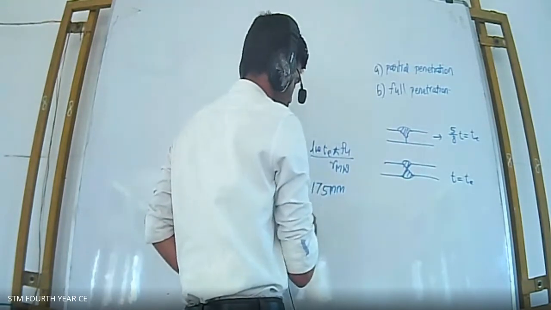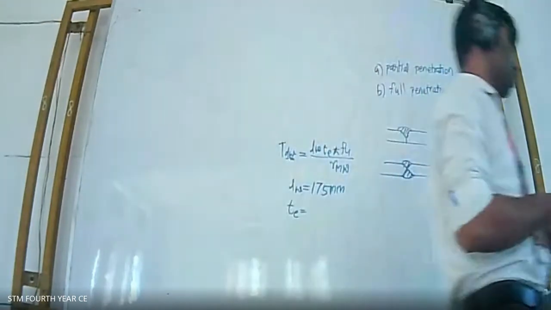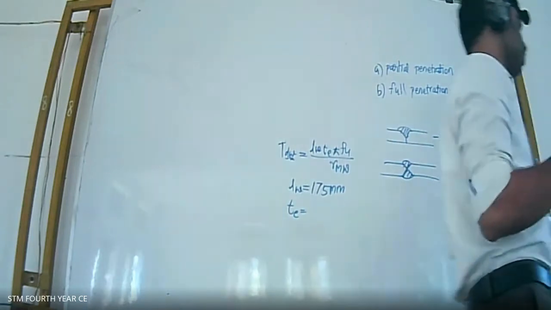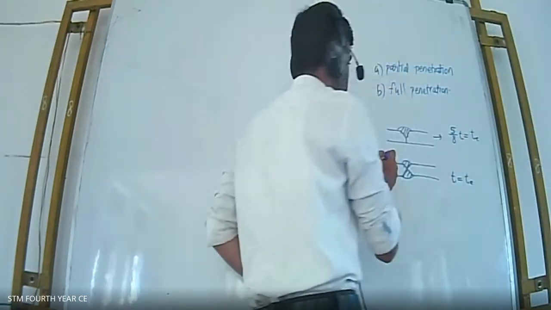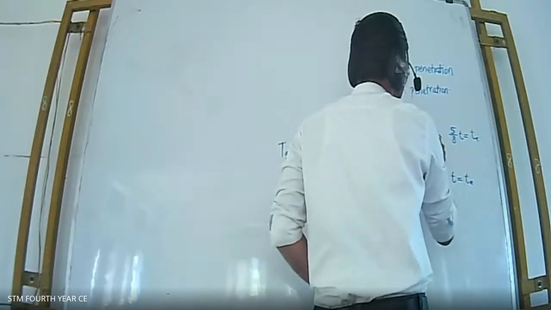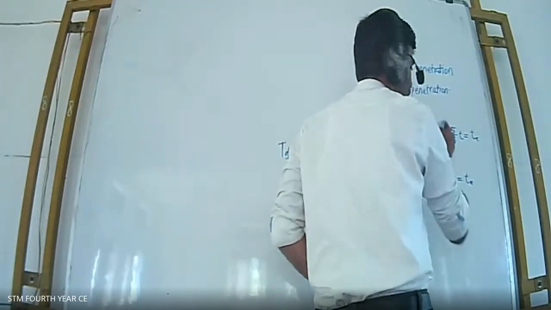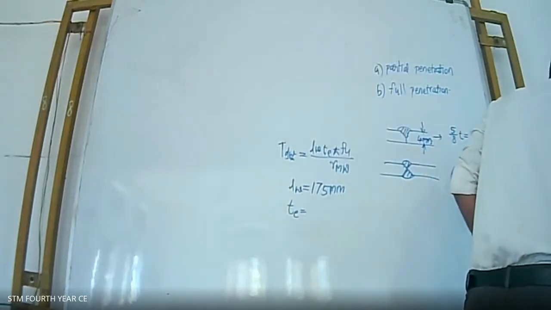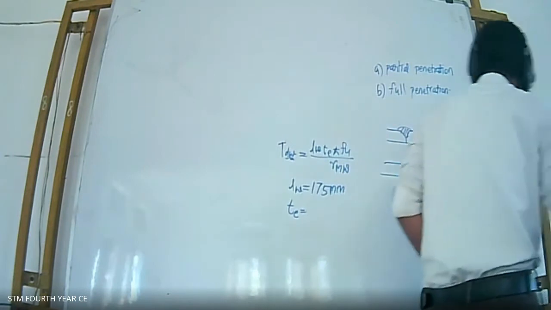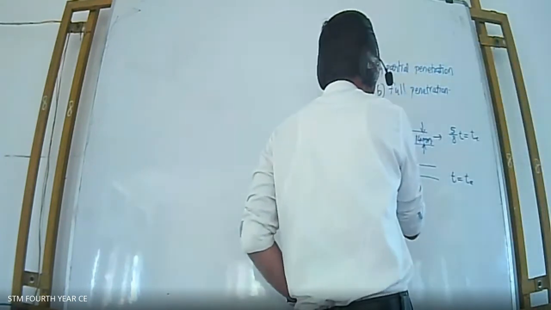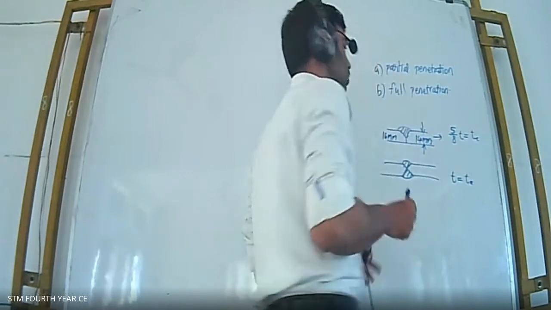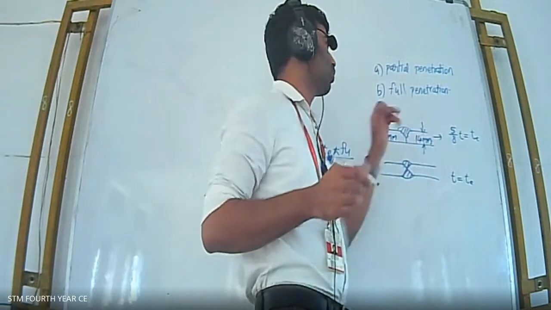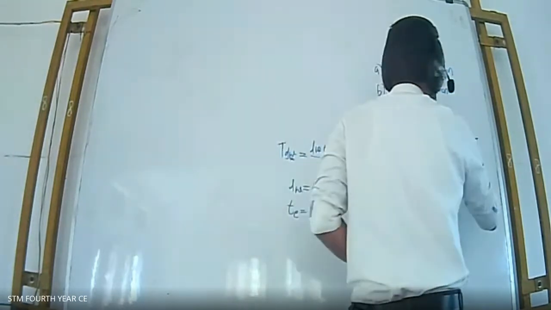And the T value in the A part is obtained as 8.75, which is 5/8 into the thickness. In the question, the plate thickness is given as 14 mm and 16 mm. You have to take the minimum thickness, which is 14 mm. So 14 times 5/8, how much will it be?